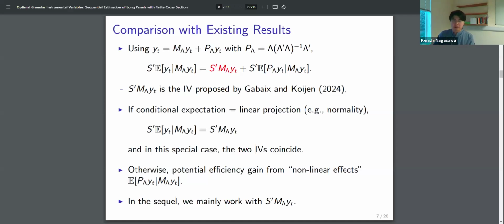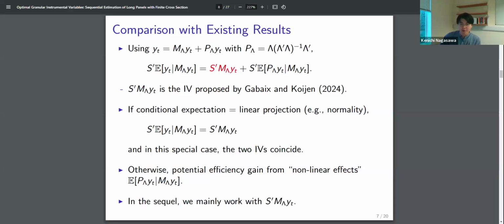The first part of the decomposition, highlighted in red, this IV, exactly corresponds to the GIV proposed by Gabaix and Koijen. In their paper, they talk about the optimality of this IV in a class of IV estimators. Here we look at a larger class of estimators, and we characterize the optimal estimator within that class.